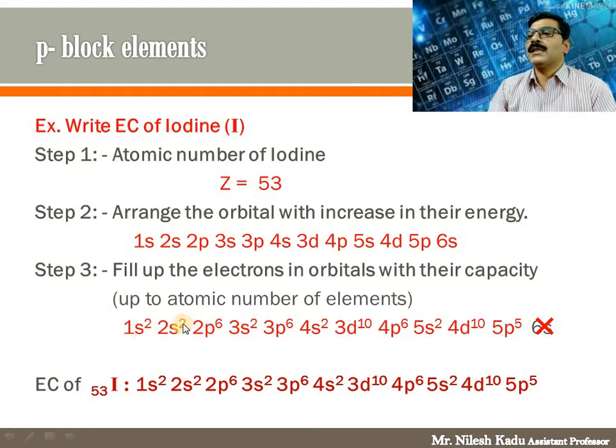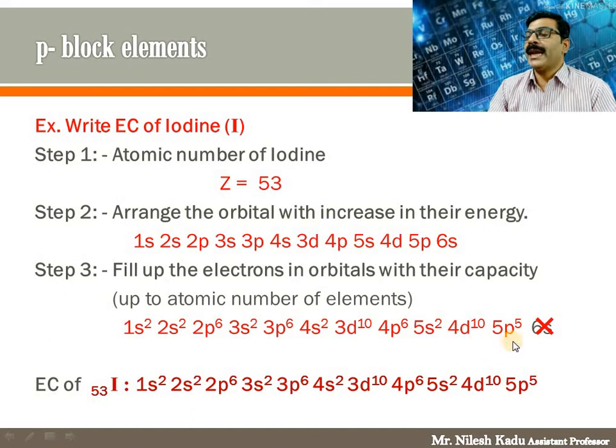plus 2 plus 6, that is 10, plus 2 plus 6 plus 2, that is 20. Then 3d contains 10 electrons, 30. Then 4p contains 6 electrons, 36. Then 5s contains 2 electrons, 38. Then 4d contains 10 electrons, that is 48, and the atomic number of iodine is 53.